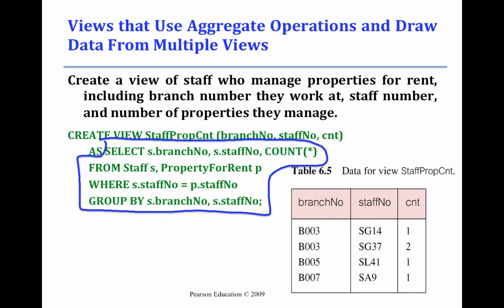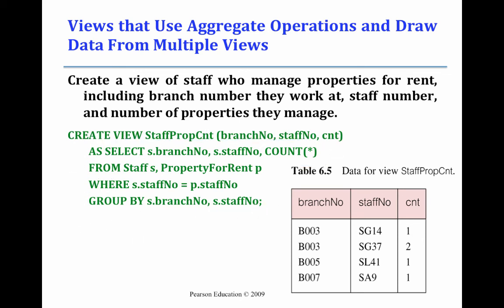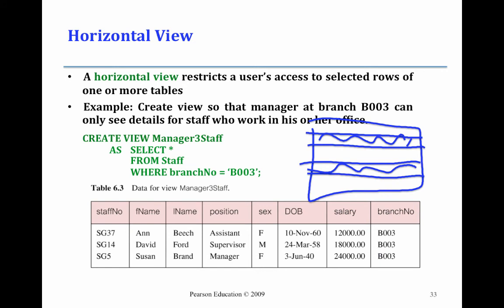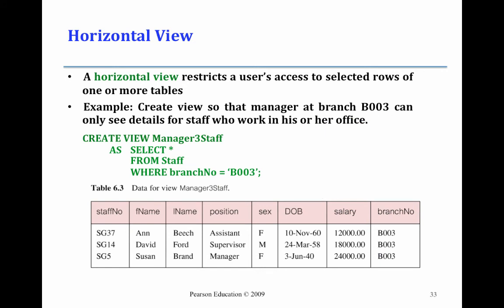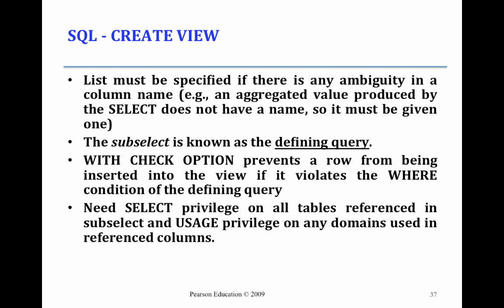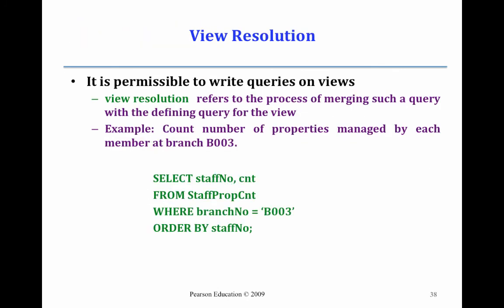Remember this query right here, which is where I was creating the manager 3 staff view, so the manager at branch 3 could see information related to the staff at branch 3.